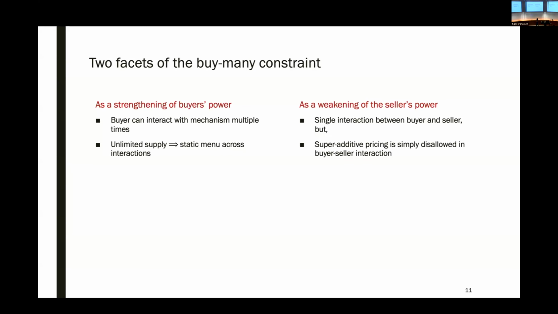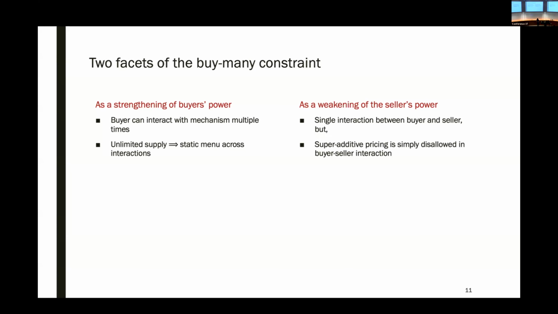So you can think of the buy-many constraint as a strengthening of the buyer's power. So this time around, the buyer is allowed to purchase multiple things off of the menu. The buyer is allowed to interact with the mechanism multiple times, and that gives them a bigger space of strategies and therefore more power. We can also think of this alternately as a weakening of the seller's power.